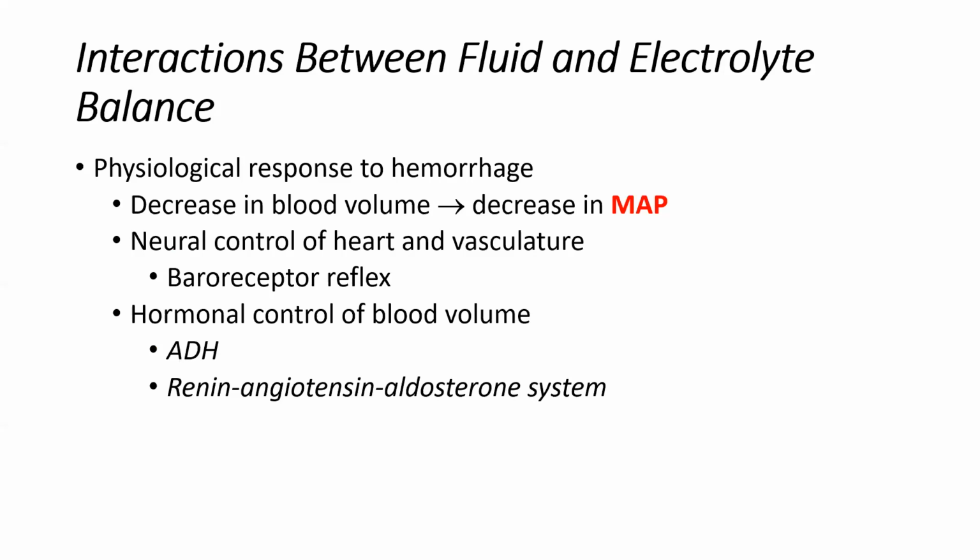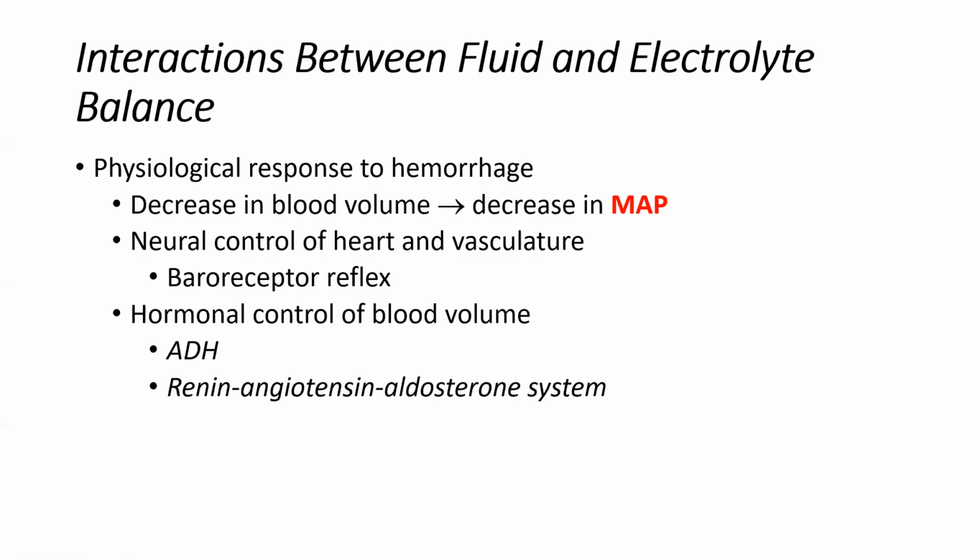Remember that baroreceptor reflex. If we decrease our mean arterial pressure, we're going to decrease stretch on those baroreceptors. That is going to send a signal to increase the heart rate, increase the stroke volume in order to correct that mean arterial pressure. And then a third response is going to be a more long-term response, which is controlling the blood volume by secreting ADH.